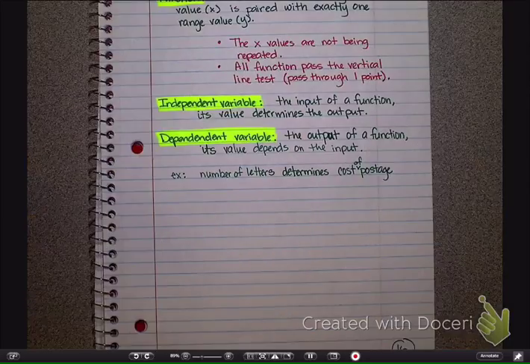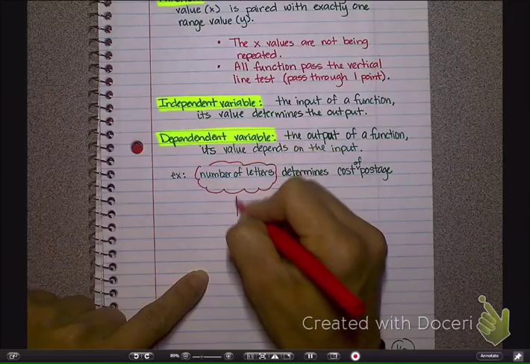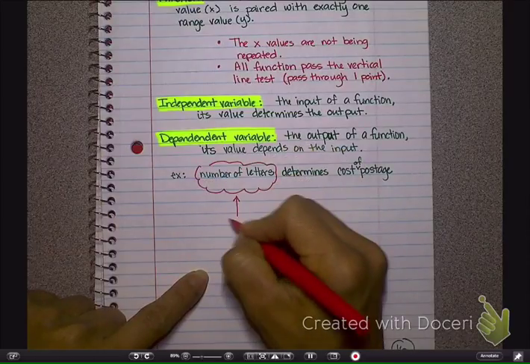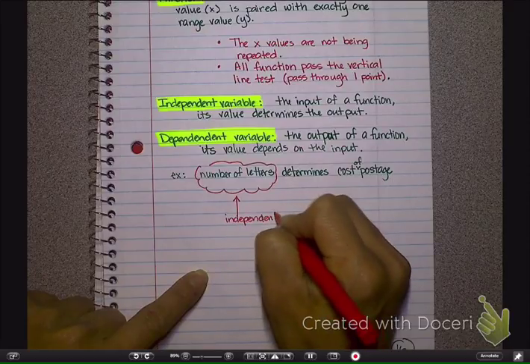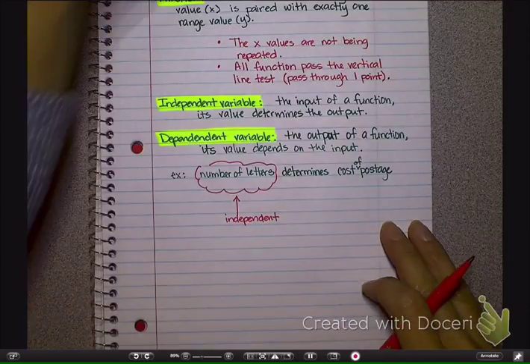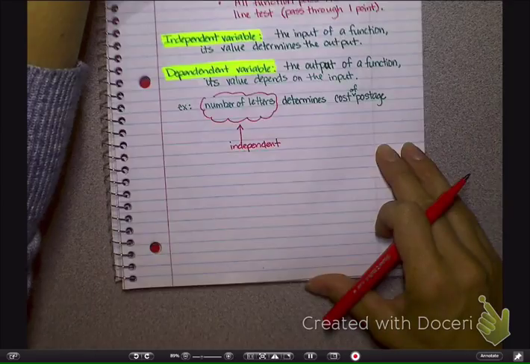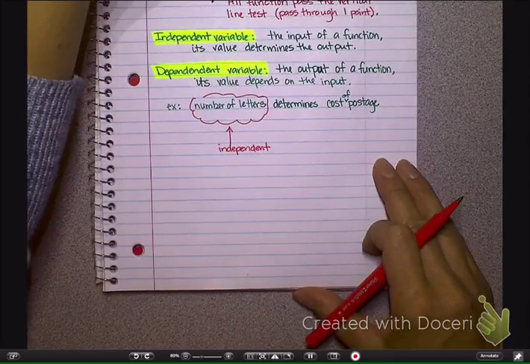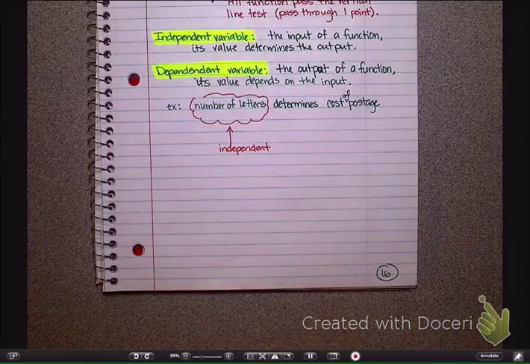The number of letters is what we would call the independent variable. The independent variable is the one where when I change it, it's going to affect the other.